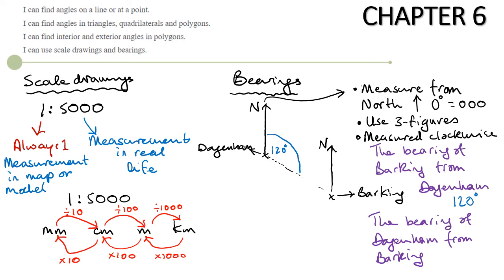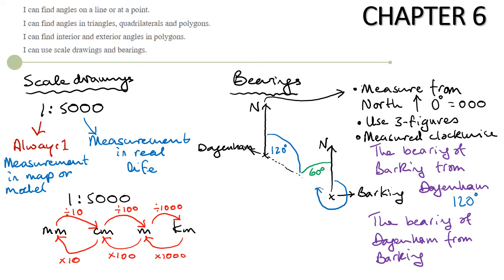I need to work out this angle here, the clockwise angle. Can I use angles with parallel lines to help me? Yes, I can, because here we have this U shape with parallel lines, and what we know is that these two angles add up to 180. So if that one at the top is 120, this one here must be 60. 120 plus 60 is 180.